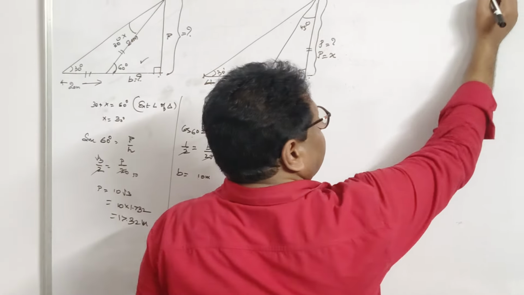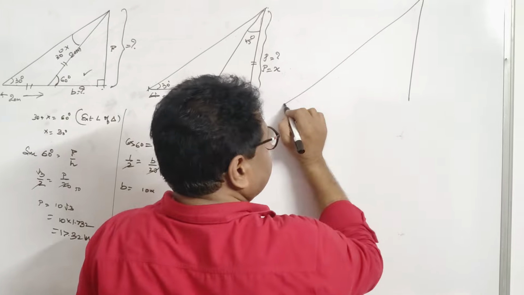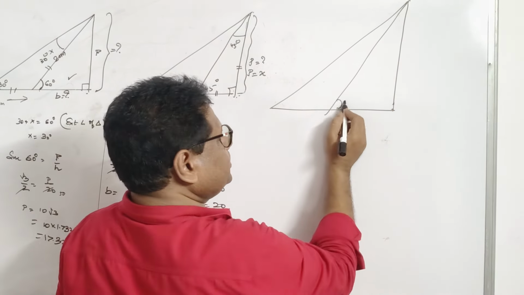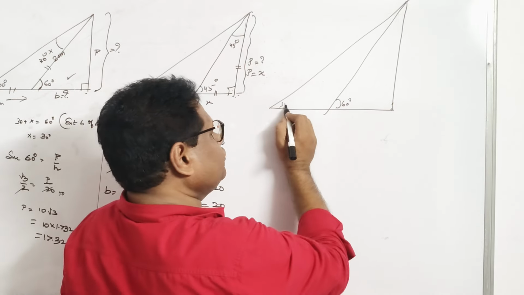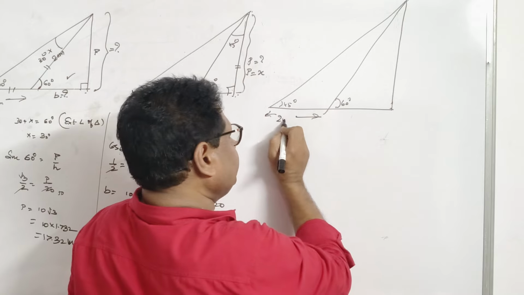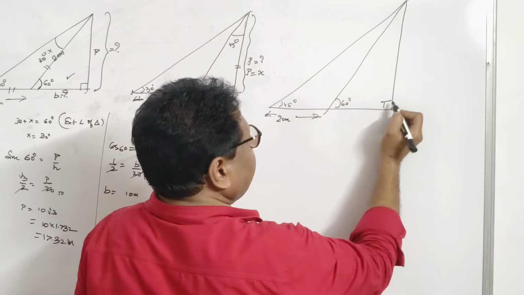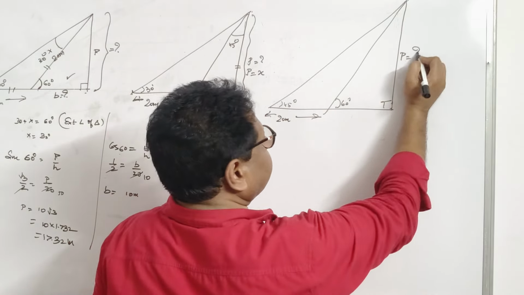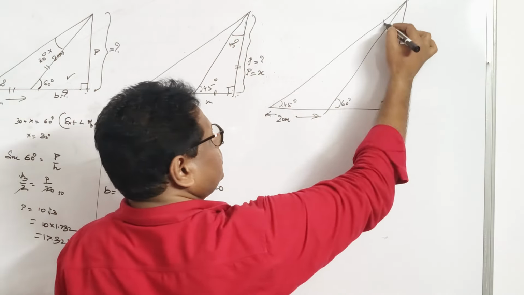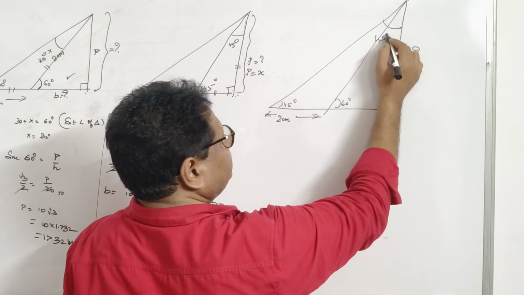Next, the third figure. This is 60 degree. This is 45 degree. Again, this distance is given to you, 20 meters, and you have to find this perpendicular. Now you know that this is 90, this is 45, so this is also 45 degree.